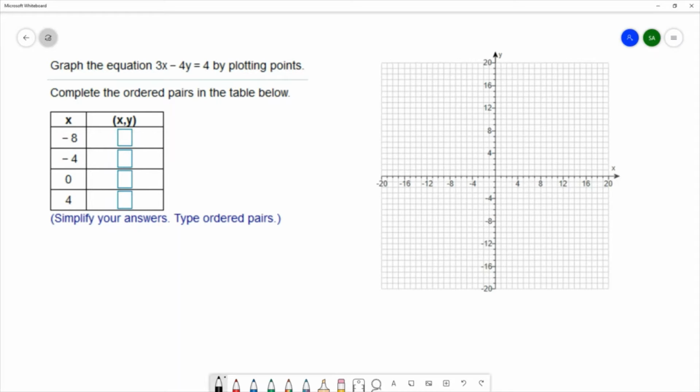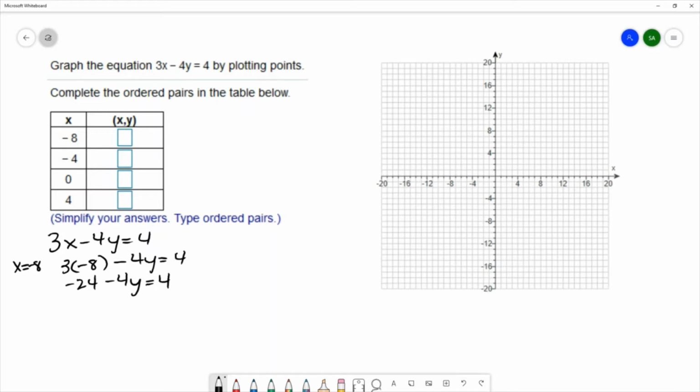So in our equation, we have 3x minus 4y equals 4, and we're given an x value of -8. We want to find y. That's 3 times -8 minus 4y equals 4. -24 minus 4y equals 4.